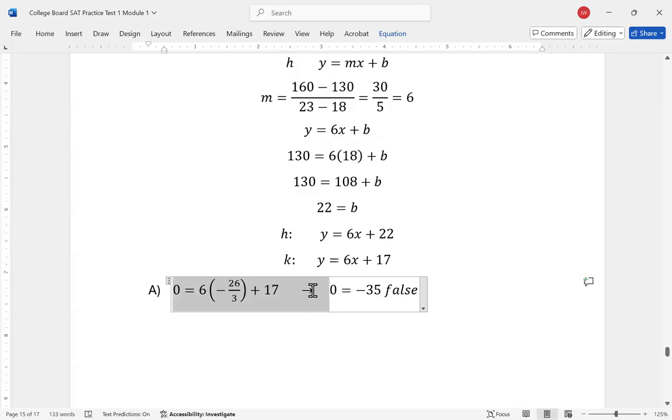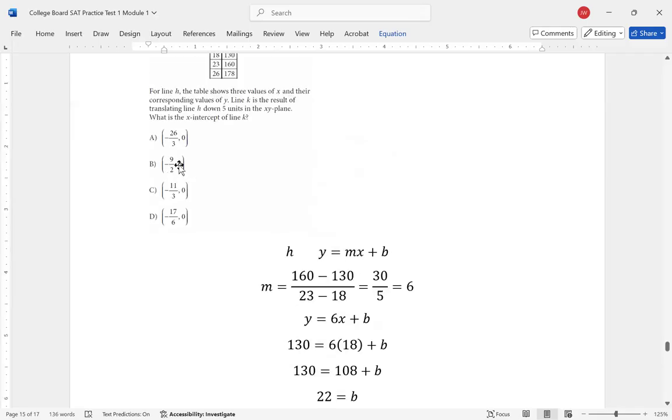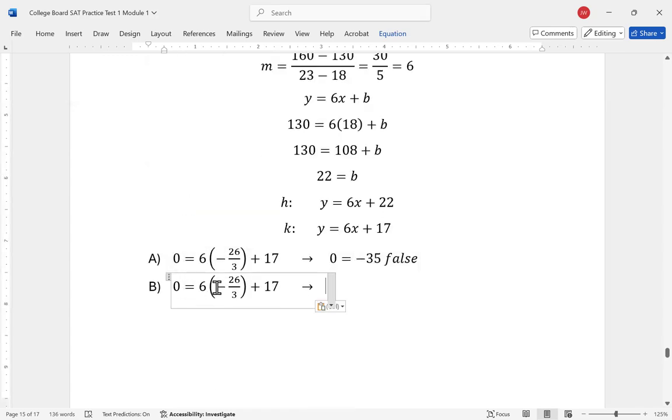And then we're going to do that for every other point on here. For B, we would plug in the point negative 9 halves, comma 0. So 0 is in for y and negative 9 halves is in for x. 6 times negative 9 halves plus 17 gives me negative 10. So this yields the equation 0 is equal to negative 10, which is also false.